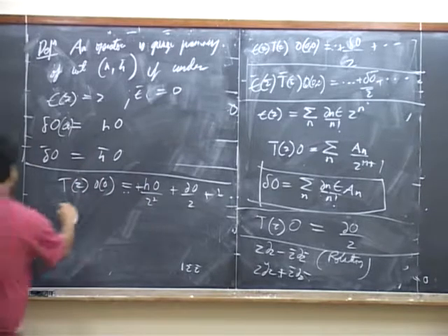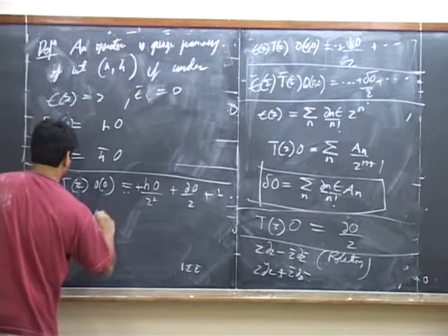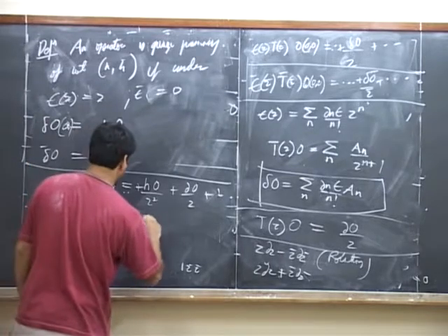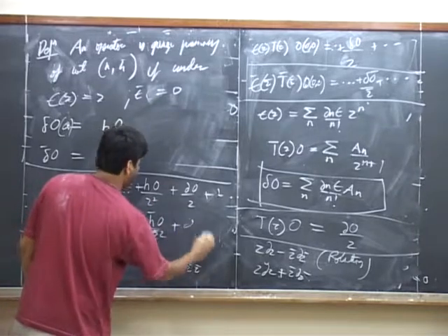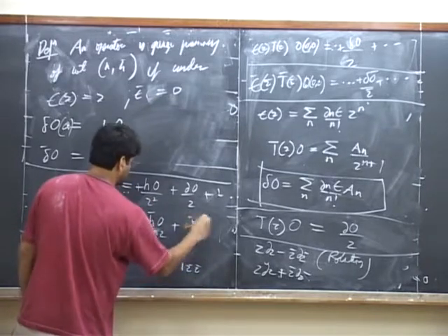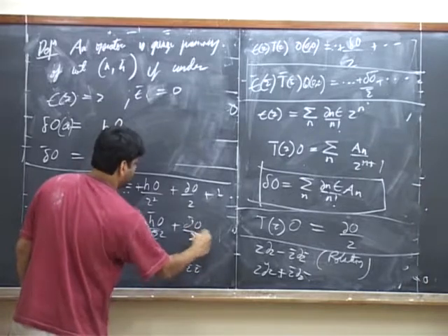And similarly, T̄(z̄)O(0) is equal to h̄O/z̄² plus ∂̄O/z̄.